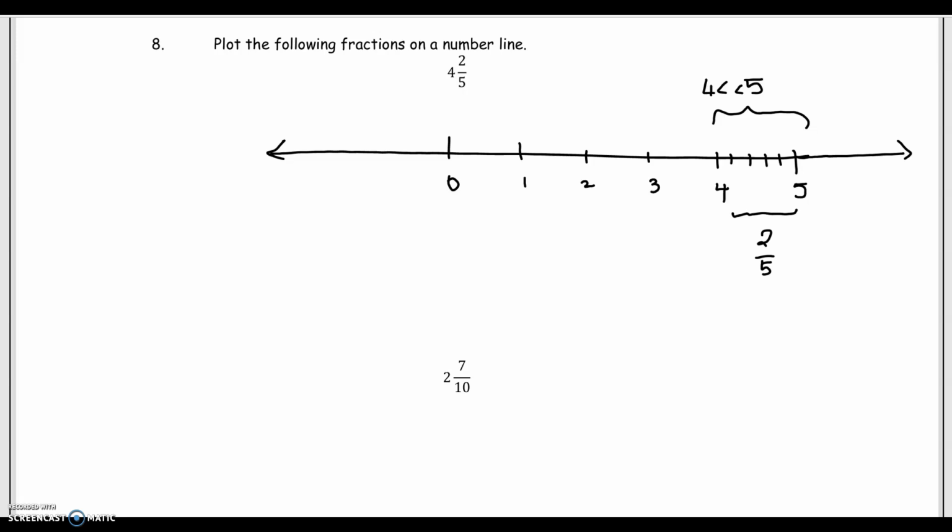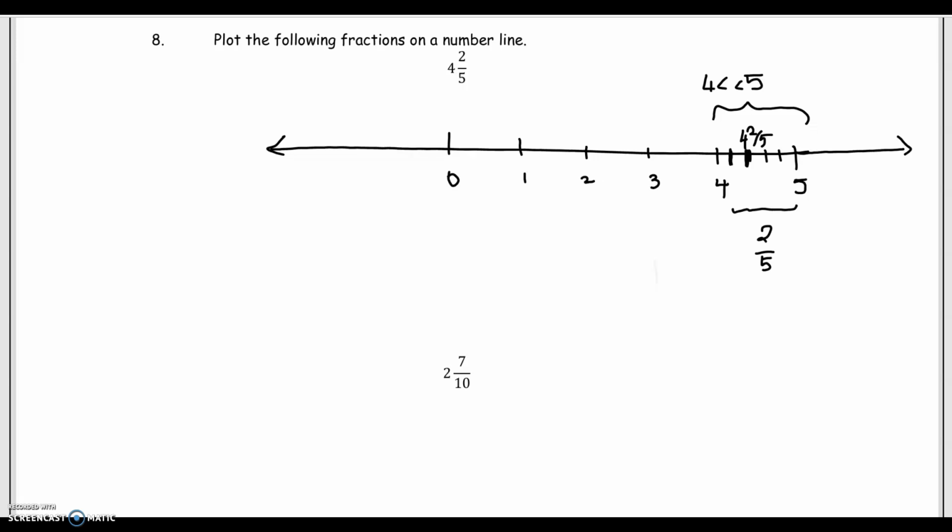Each is a fifth. So if I'm here, it is 4 and 1/5. If I'm here, then it's 4 and 2 out of 5 parts, 4 and 2/5. So that's how we can graph 4 and 2/5 on a number line.